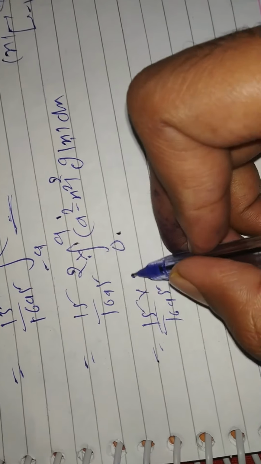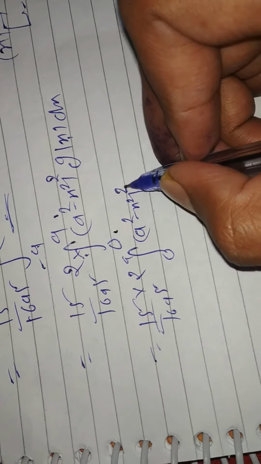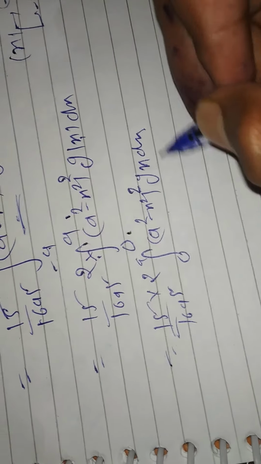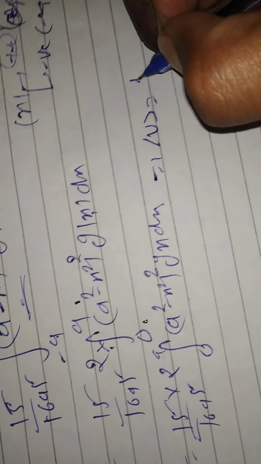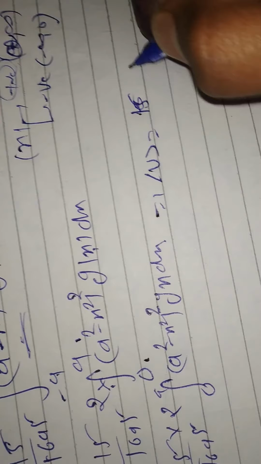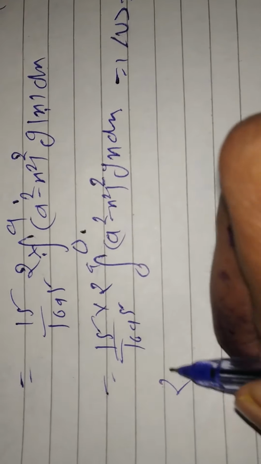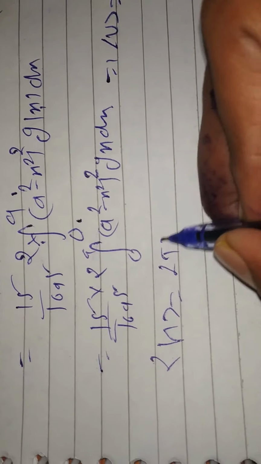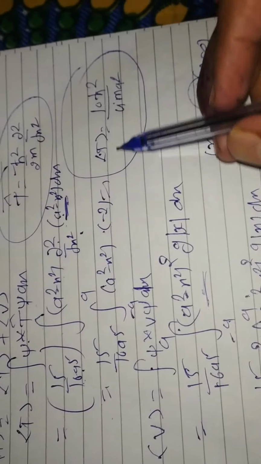So 15 upon 16 a^5 into 2, integral 0 to a of (a square minus x square) whole square g x dx. After solving this equation, we will find the value of V will be 5 upon 16 g a. Okay, now H will be T plus V.